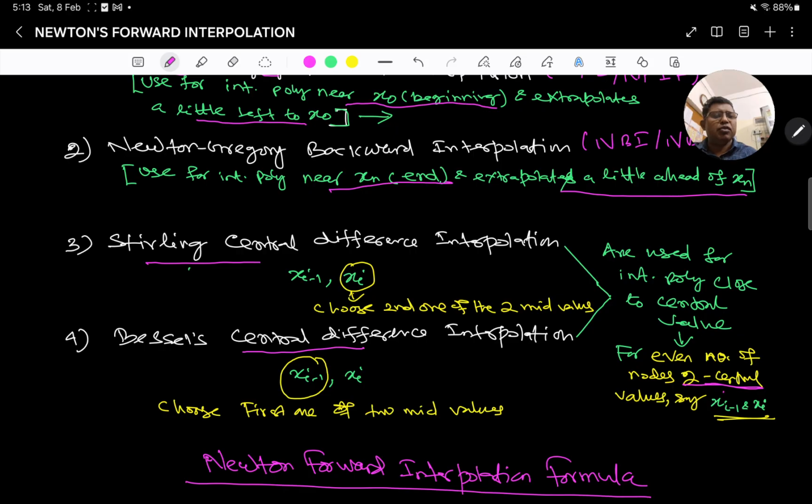In the case of two midpoints, while we use the formula, we will use the second midpoint for the Stirling central difference formula, and if we are using Bessel's formula, then we use the first of these two midpoints.